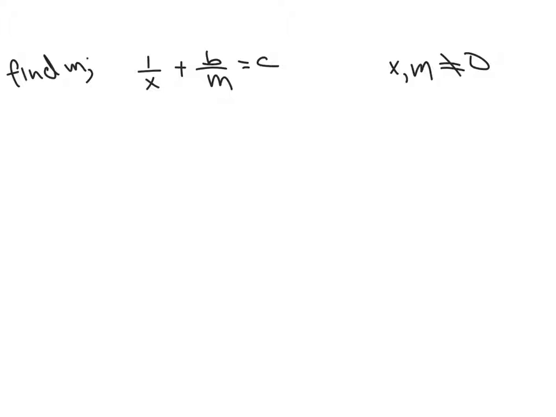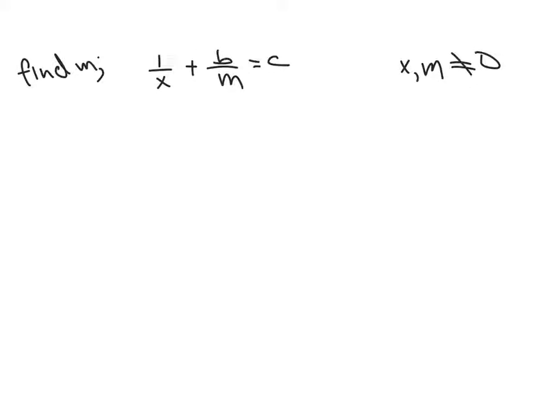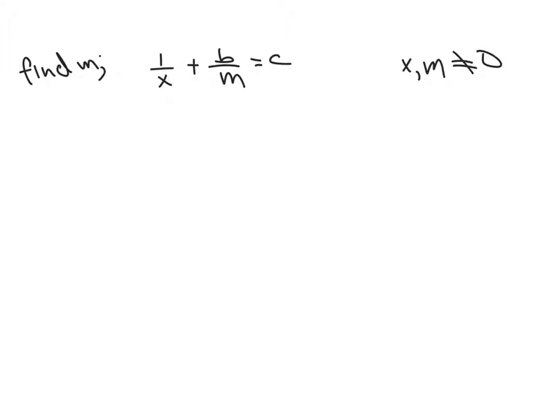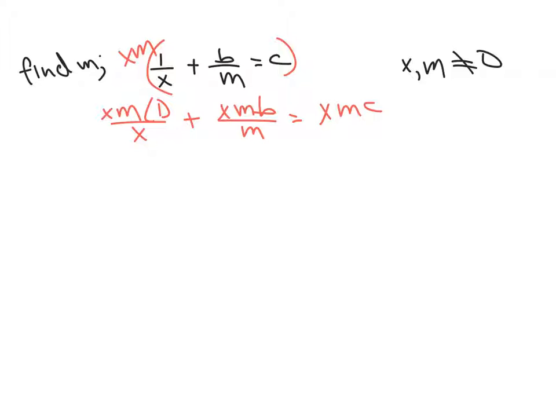So always the first thing you're going to do is get rid of the fractions. We're going to do the exact same thing we did last time. We're going to take those two, put them together, and put them out here. And then we're going to write it as xm times 1 over x plus xm b over m equals xmc.